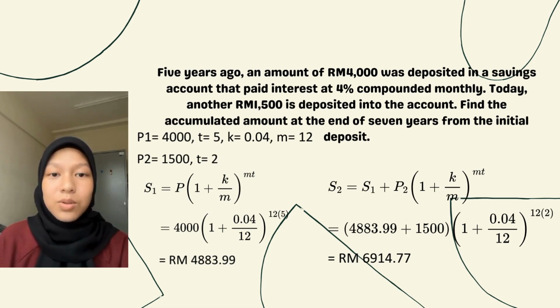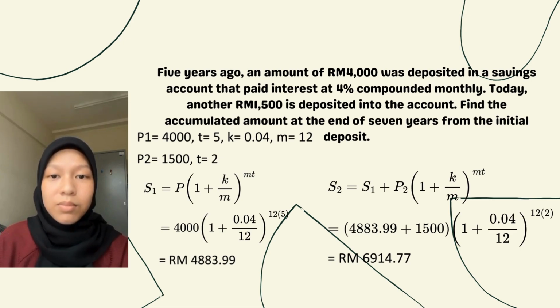The formula we use is S1 equal to P times 1 plus K over M power MT. 4,000 times 1 plus 0.04 over 12 power 12 times 5. So the answer is 4,883.99 cents.